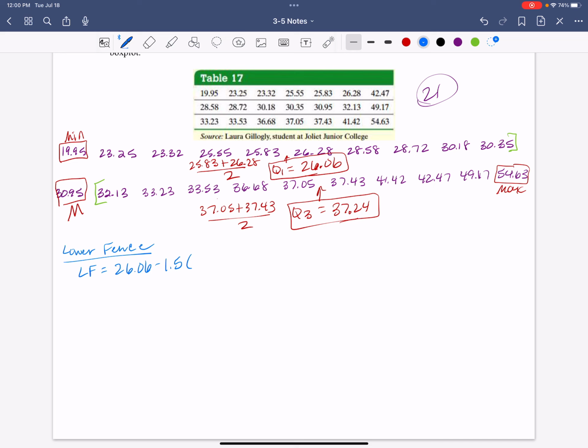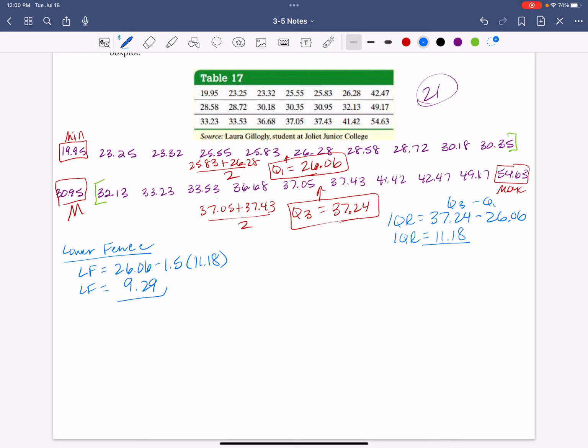The inner quartile range would be 37.24 minus 26.06, because remember, that inner quartile range is quartile 3 minus quartile 1. So my inner quartile range is going to be 11.18. And that's what we're going to use.